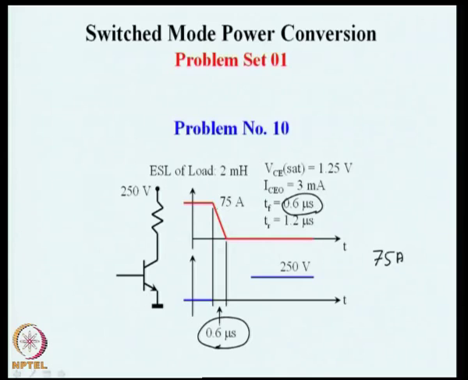So, during this time there is a di by dt experienced and the L is 2 millihenry. So, this L di by dt has di of 75 amperes, time of 0.6 micro.